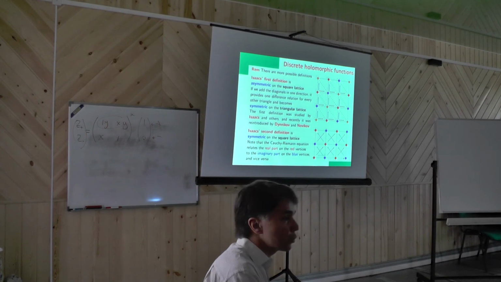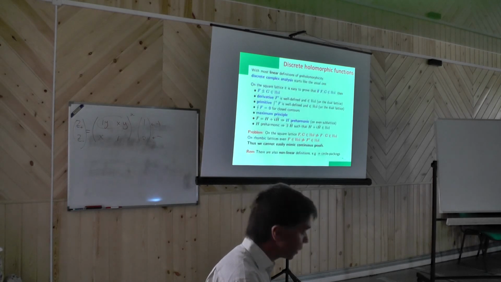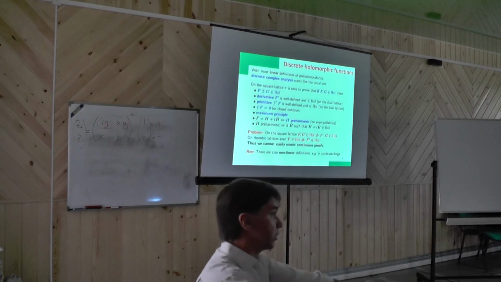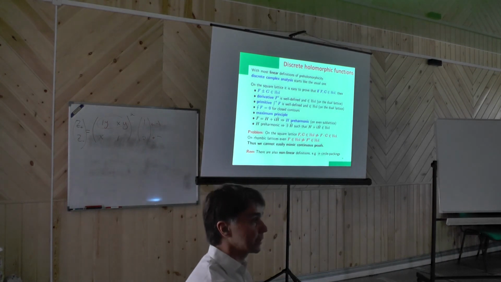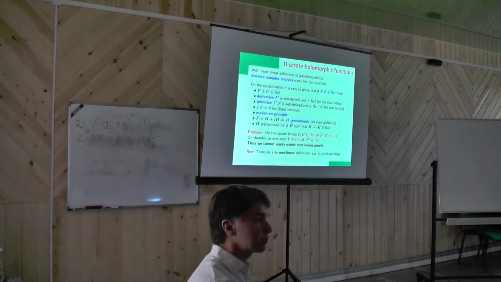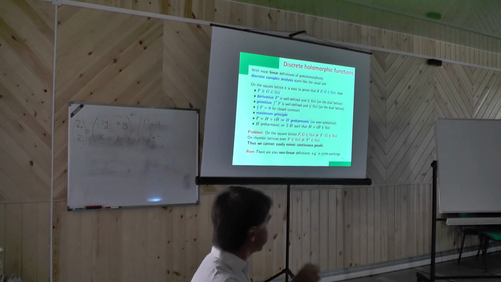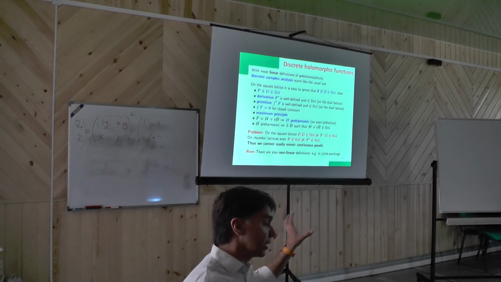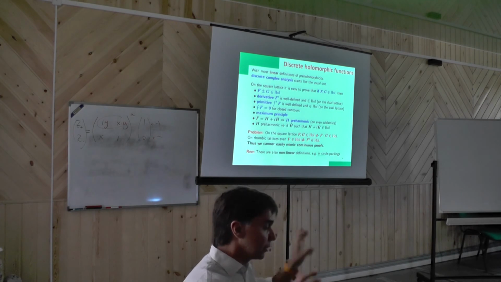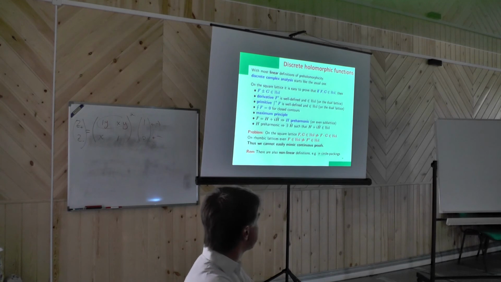But you can ask why there are no books about it. It seems to be a nice definition, and the reason is that if you want to write a complex analysis textbook, the first chapter you write very easily for discrete analytic functions. You get that if two functions are discrete analytic, the sum is discrete analytic, the derivative is discrete analytic but on a different lattice, and so on, maximum principle.